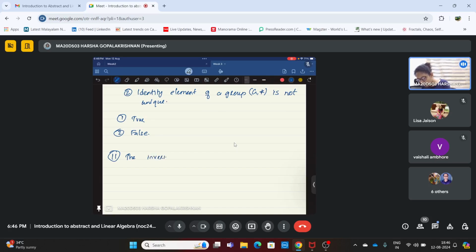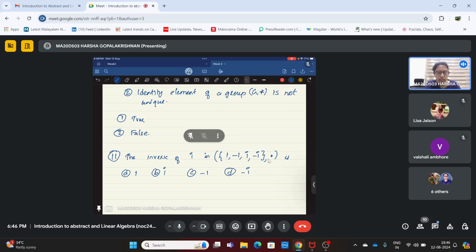The inverse of i in {1, minus 1, i, minus i} under multiplication is... It's given a set with an operation.